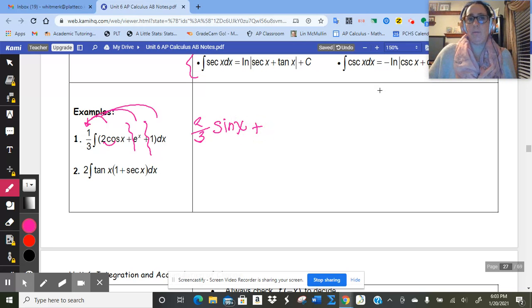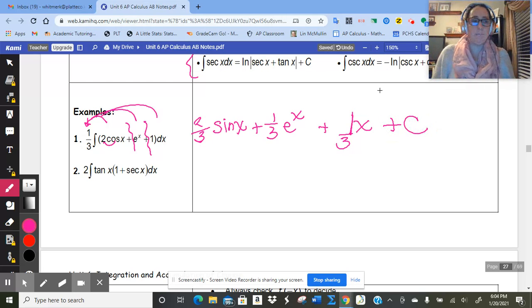Plus, that 1/3 goes along for the ride because it's with this. Antiderivative of e to the x, e to the x. We'll add on the plus c at the very end. We don't need to do it every time. We just need 1. And the antiderivative of 1, that's just a number. So I just add on an x with it, except the 1/3 went along for the ride. And then I have my plus c.